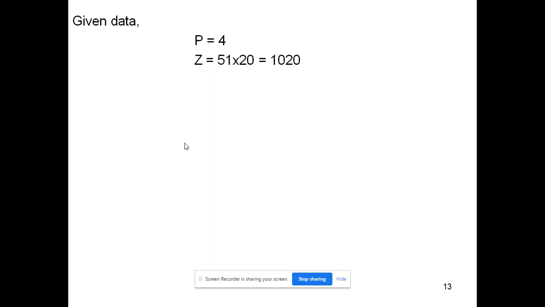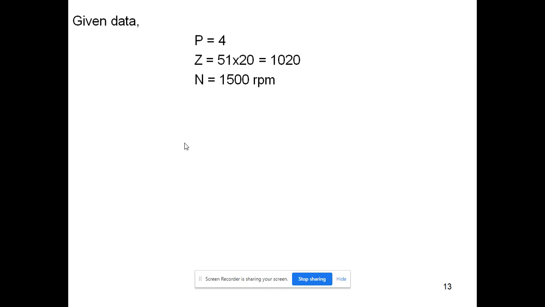That is, the total number of conductors Z is equal to 51 into 20. We get 1020.